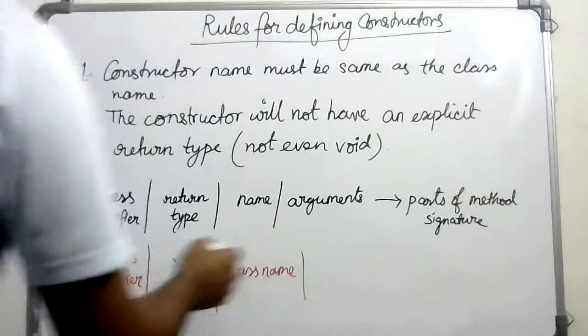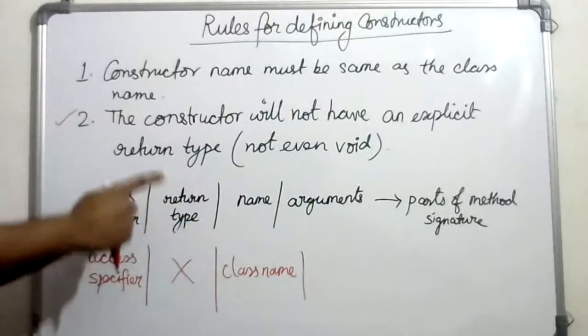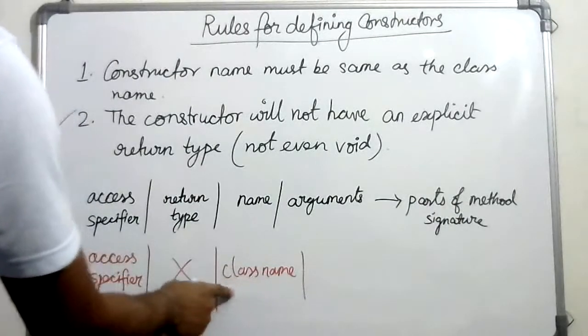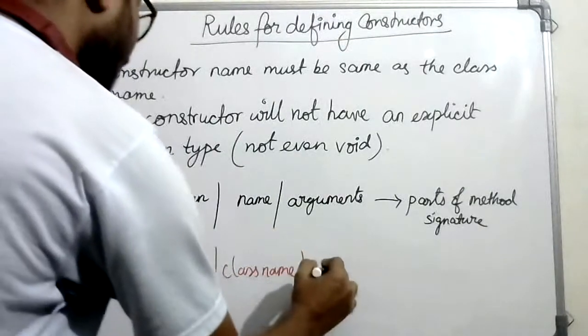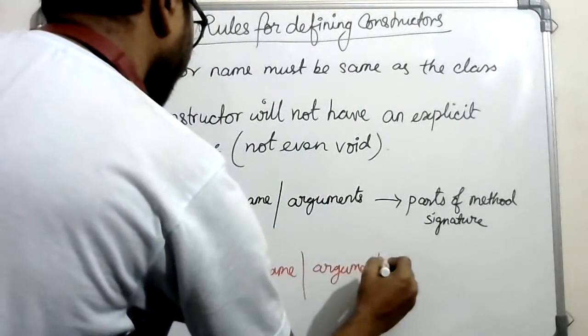There's one more difference. It does not have a return type, the first difference. The second difference is that its name is same as the class name, which is the first rule. And it might take arguments. It's optional, but it might take arguments.